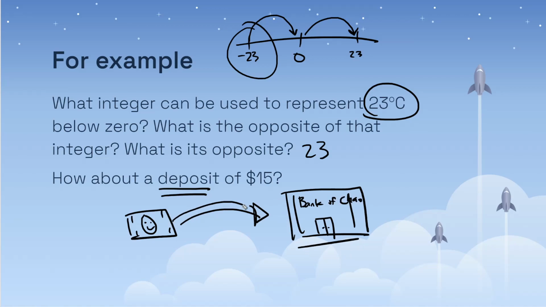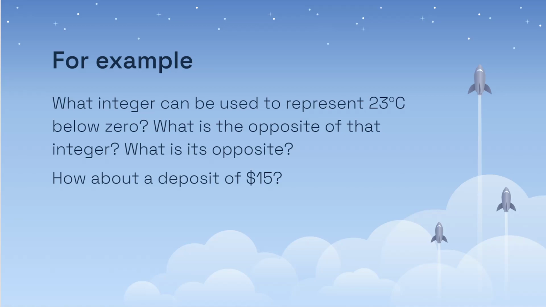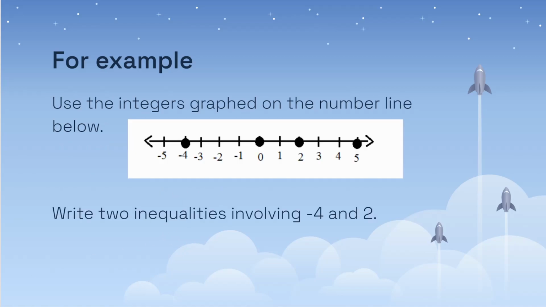If I put a deposit into the bank, this is putting money into the bank. So if I made a deposit, that would be 15 on the number line, right? If I took money out, that would be a withdrawal. Withdraw and deposit. Okay, anyway, moving on.